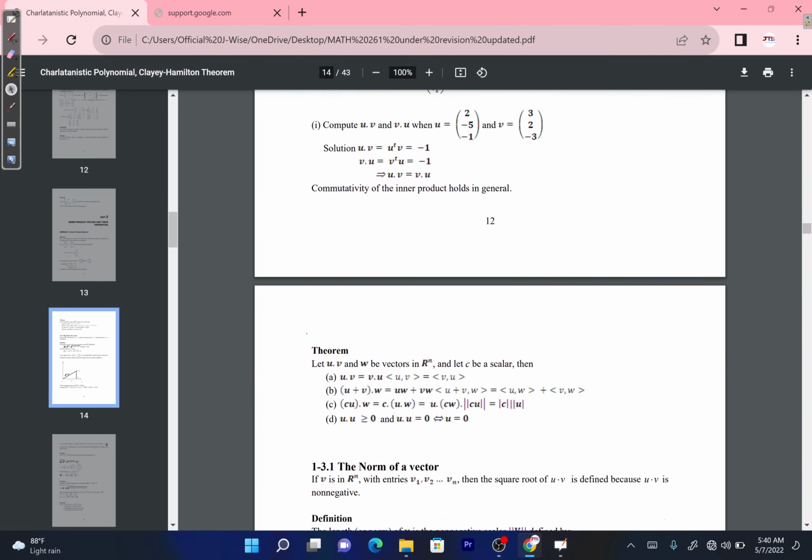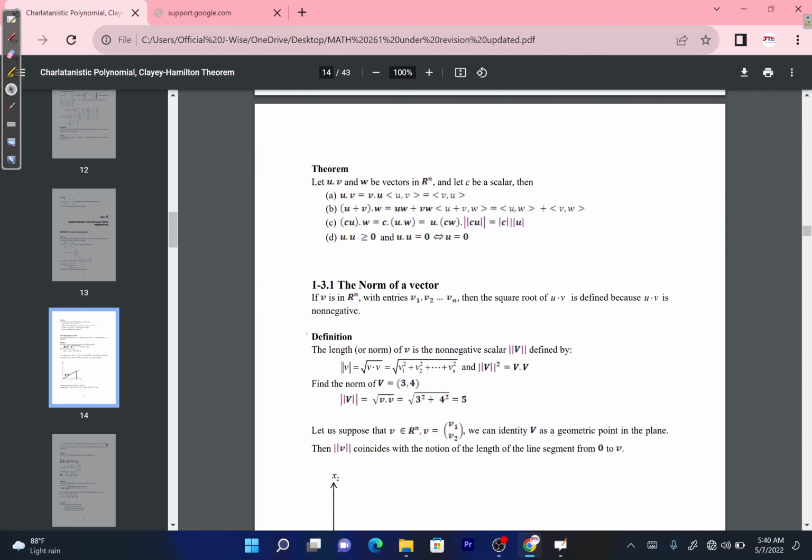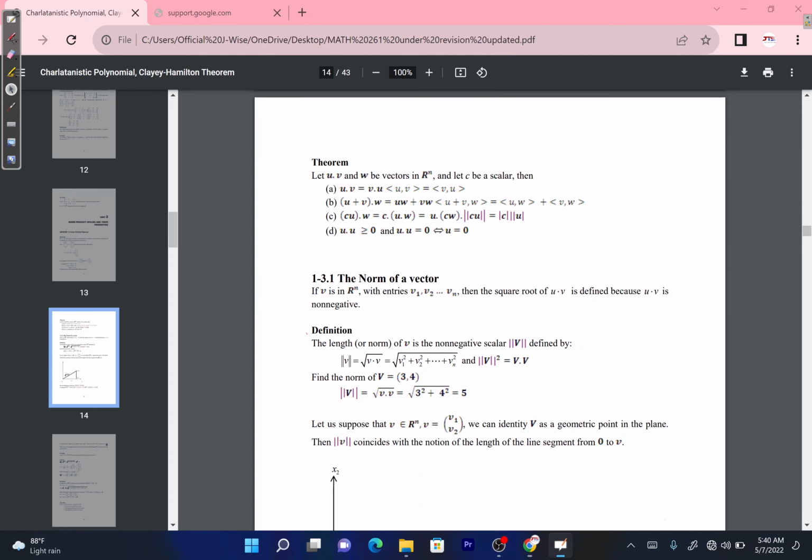Now let's continue and look at some basic properties of inner products. First, when u and v are vectors such that all the elements in them are real numbers, and these vectors are also of finite dimension, then the inner product of u and v is the same as the inner product of v and u, and it can also be written as uv or vu.